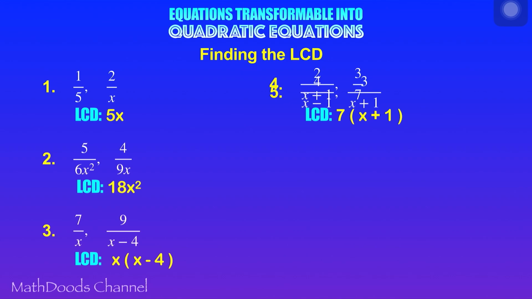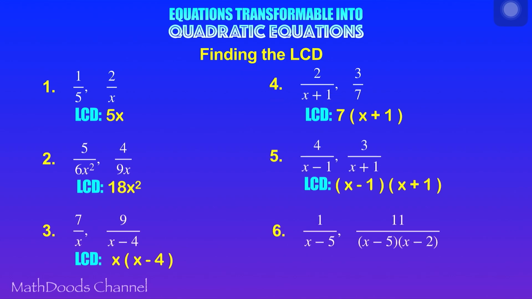Number 5, 4 over x minus 1 and 3 over x plus 1. Ang LCD natin dito ay yung i-multiply lang natin silang dalawa. Quantity x minus 1 times the quantity x plus 1. Yan yung LCD nila. And number 6, 1 over x minus 5 and 11 over quantity x minus 5 times the quantity x minus 2.